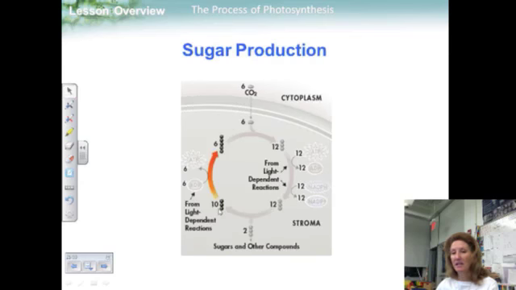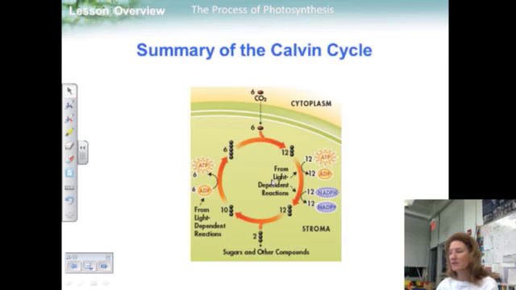The remaining 10 3-carbon molecules are then converted using ATP, okay, back into the 6 5-carbon molecules that combine again with the 6 new carbon dioxide molecules to begin the cycle all over again.